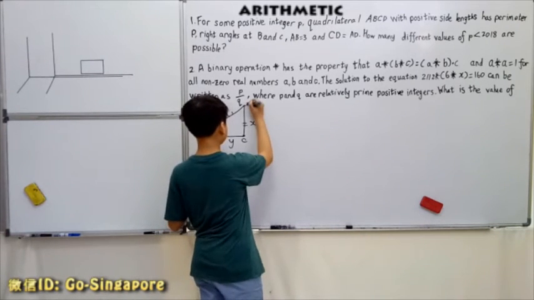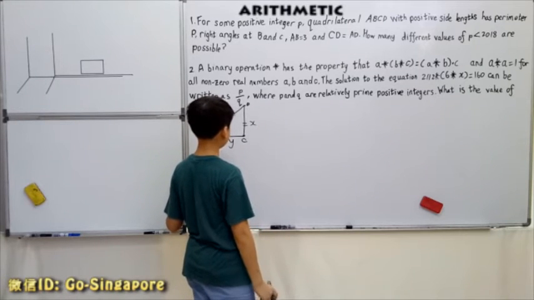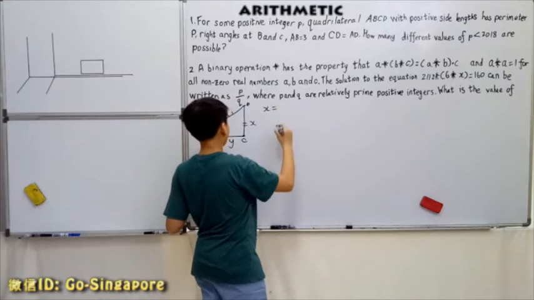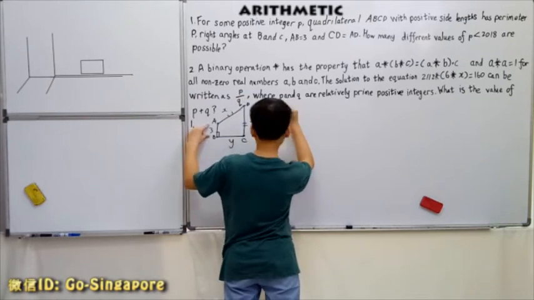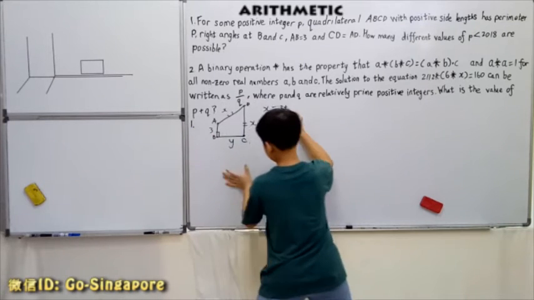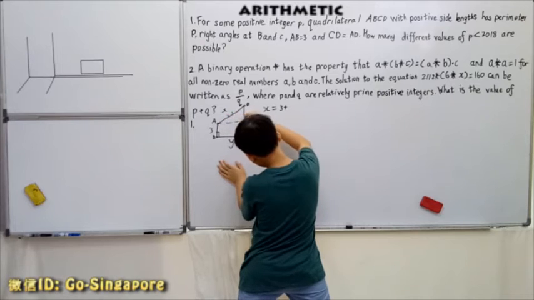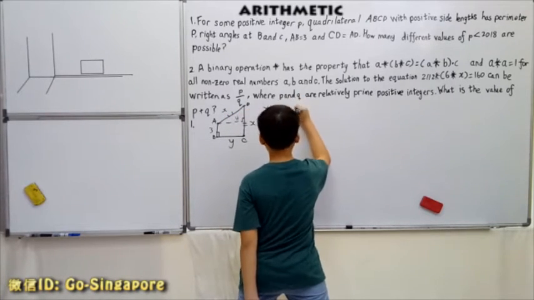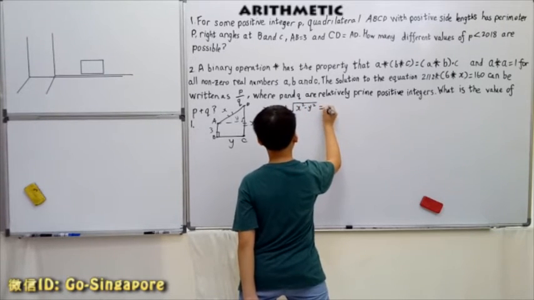So let's see. We need to know what X is equal to. Because we have a 3 here, we move this up, which means this part is also a right angle. Here's also a Y. So that means the square root of X squared minus Y squared.